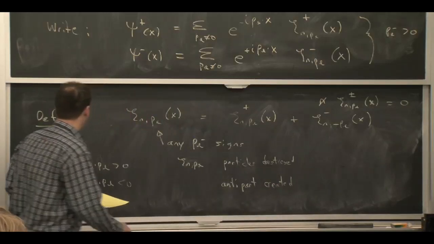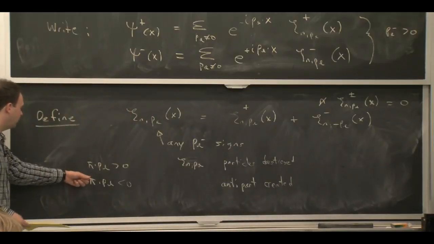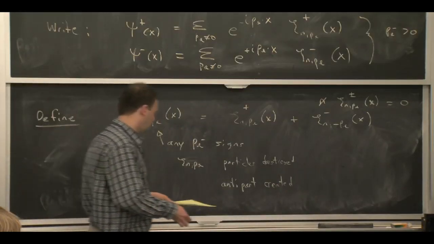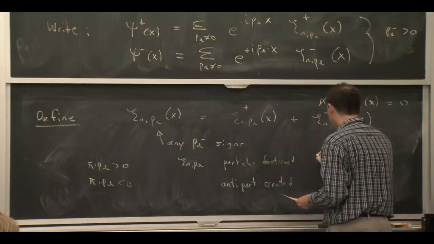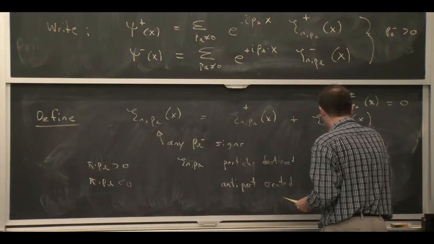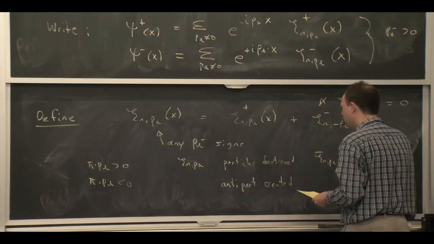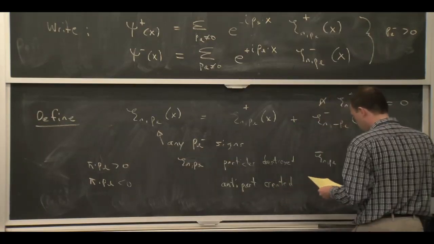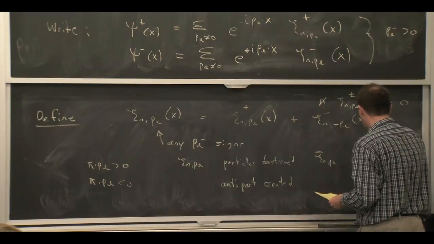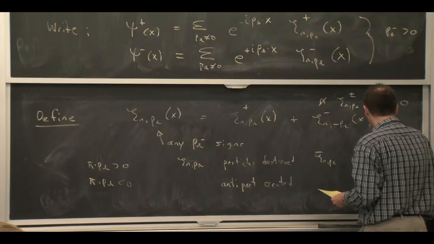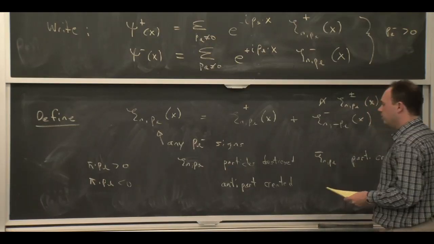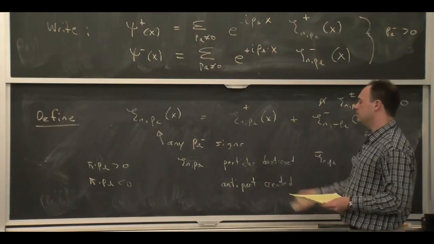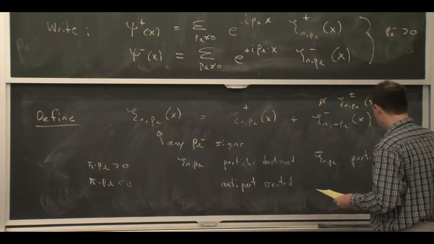But the antiparticles are going to be created for the opposite sign of the P_L. And then if I think about what the barred field would be doing with this notation, if the m bar, P_L is greater than 0, then the particles are created. So this is really just the field we were talking about before if P_L is greater than 0, and if P_L is less than 0, it just repeats the whole story for the antiparticles.